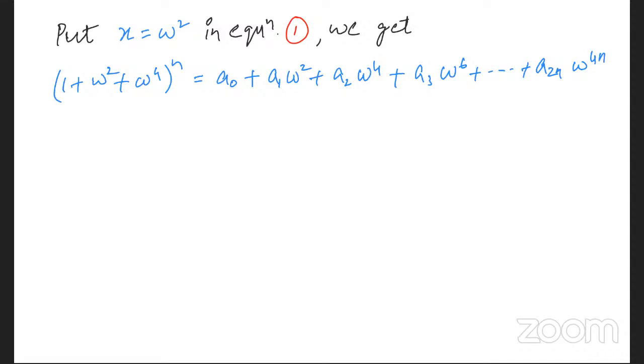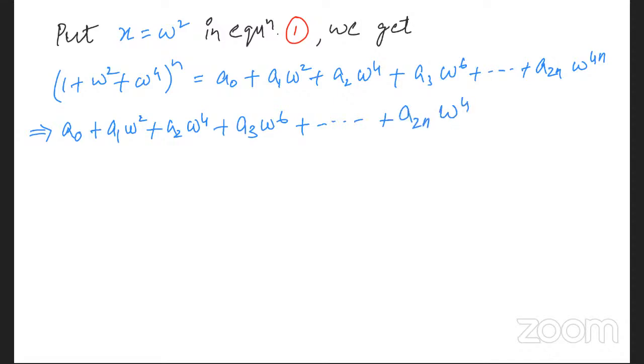So this implies, we'll write the RHS first: a naught plus a1 omega square plus a2 omega to the power of 4 plus a3 omega to the power of 6 plus so on plus a2n omega to the power of 4n.